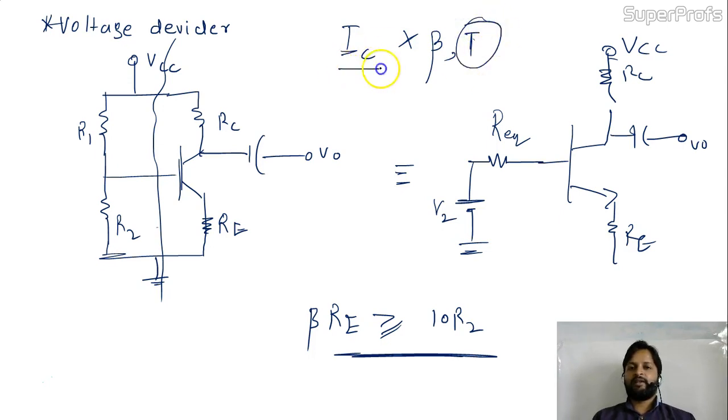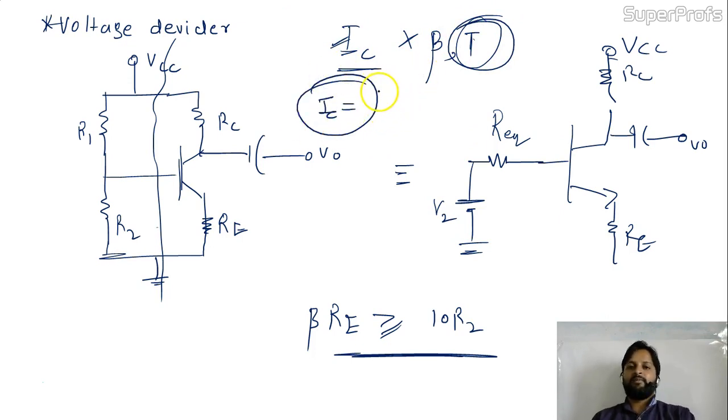If you make IC independent of beta, automatically IC will be independent of temperature. For any active amplification, IC should be constant. This is the first and foremost criterion.